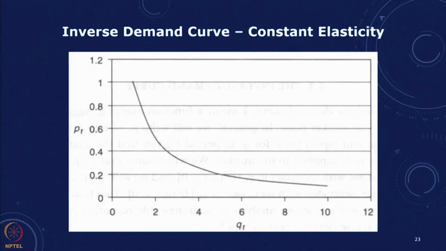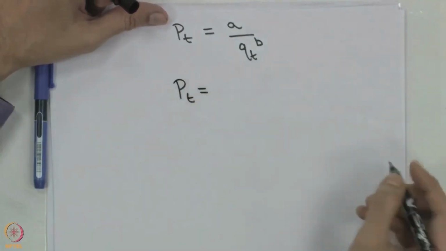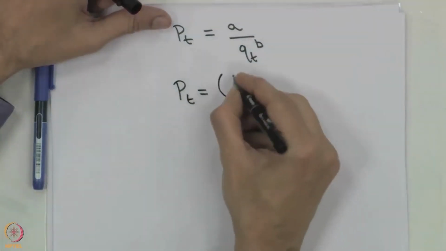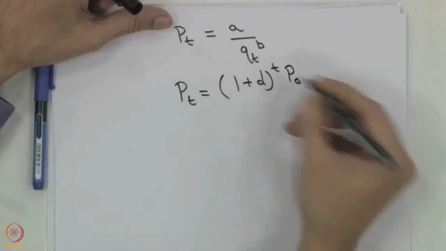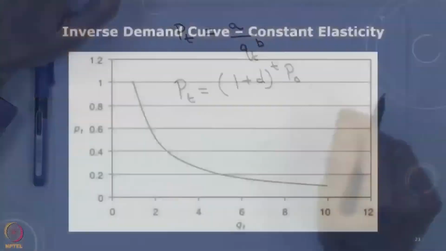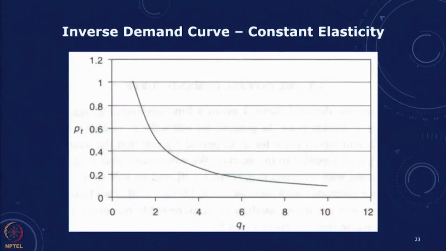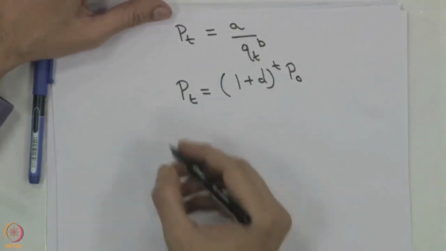So, we have the same term which we saw in the earlier Hotelling's analysis, where we said Pt will be (1 plus d) raised to t times p0. In this case we do not have a choke price equal to A. In the earlier case where Qt was equal to 0, Pt was equal to A. We just have this expression, and we can substitute back.